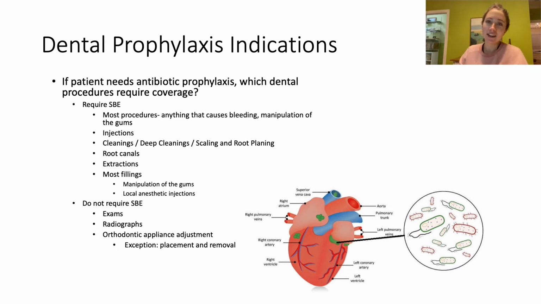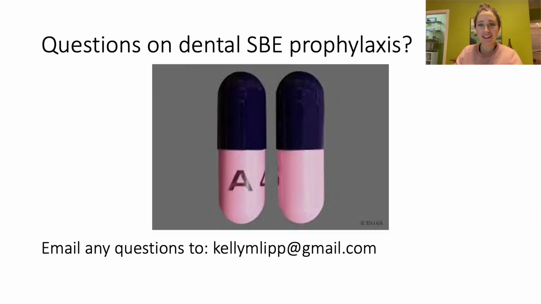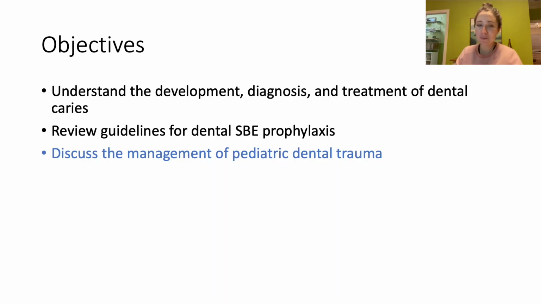And you might respond, what is scaling and root planing? I'm not certain what's going on. Just call us, let us know what you want. We want to work with you and do a good job and make sure that we're all taking good care of patients. So please be patient with us. If you have any questions about dental SBE prophylaxis, please email me.